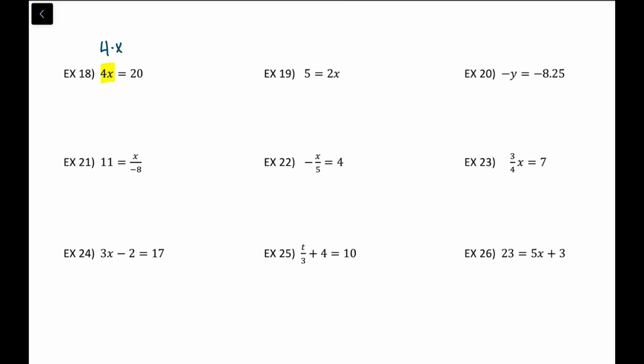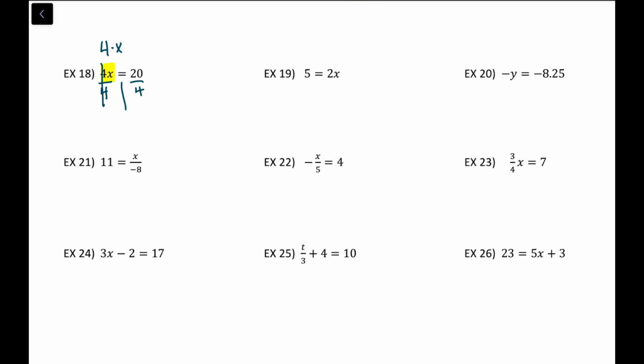There's no plus sign, no minus sign. Bumped up together is multiplication. And the opposite of multiplication is division. And just like in our previous notes, we've talked about a fraction meaning division. I'm going to show dividing by 4 like a fraction bar. What I do to the left, I have to do to the right. 4 divides out 4.